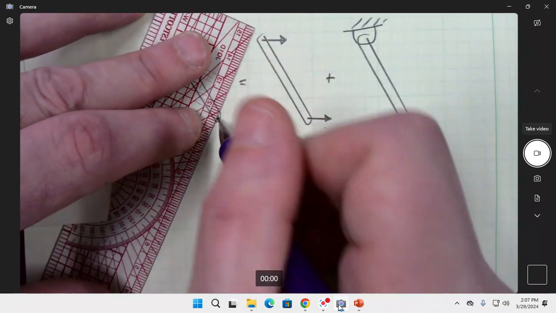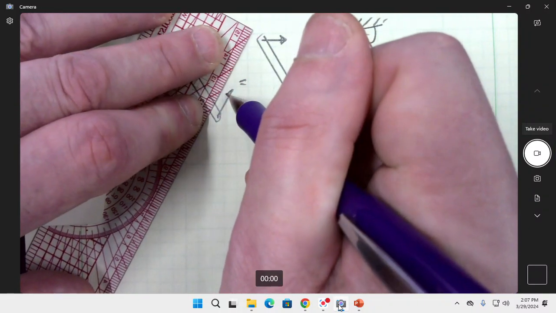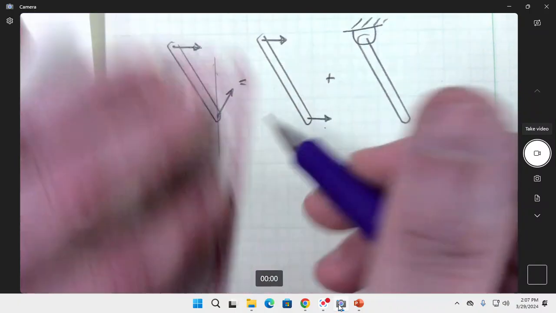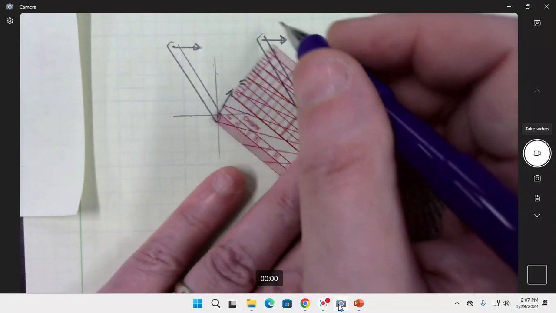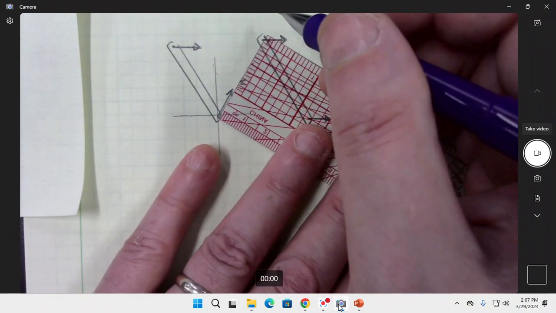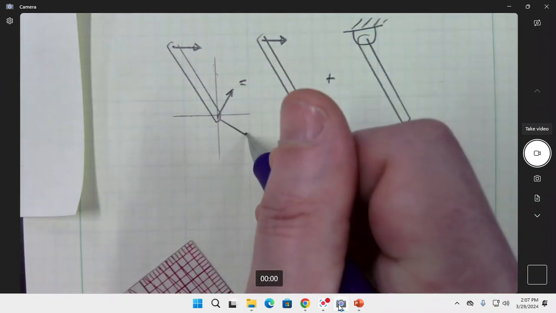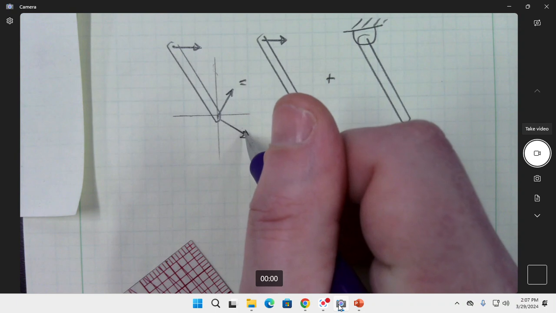So we have that one. I'll try to make it look like it's perpendicular because it is. We have this one, and we recognize that we don't 100% know that that arrow's in that direction, by the way.